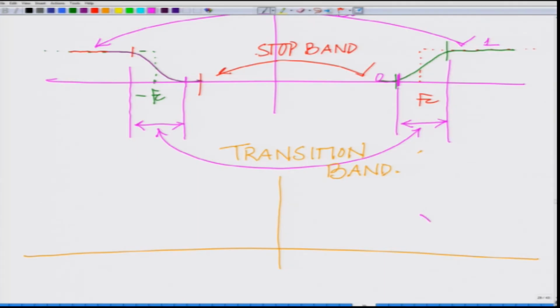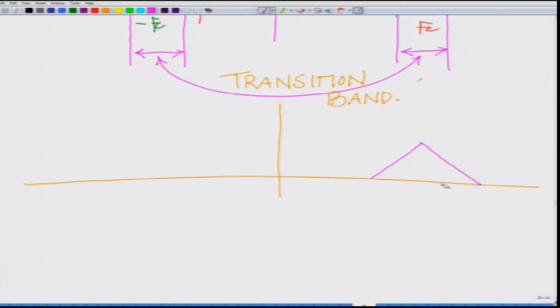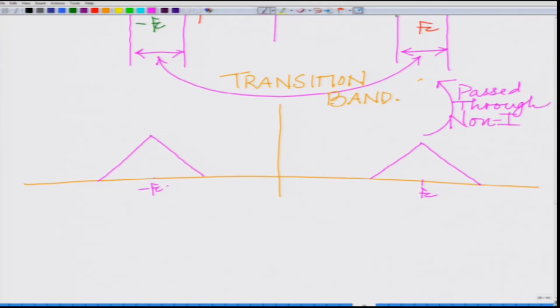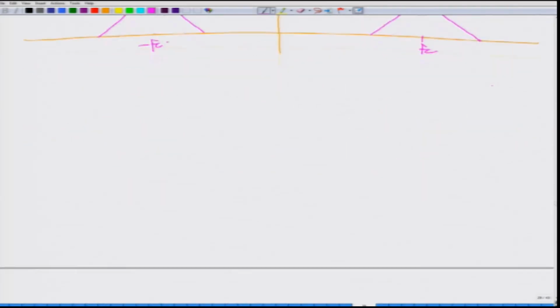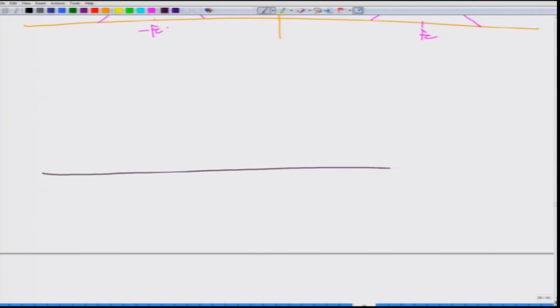This is FC, this is M(f minus fc), that is shifted to FC, this is FC and this is minus FC, and you pass this through a non-ideal HPF, high pass filter, with a transition band.